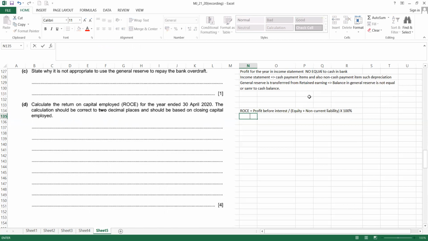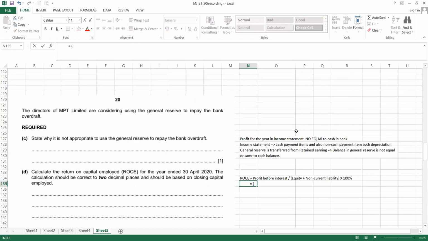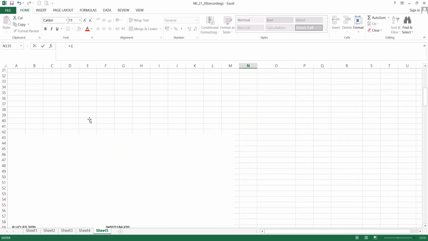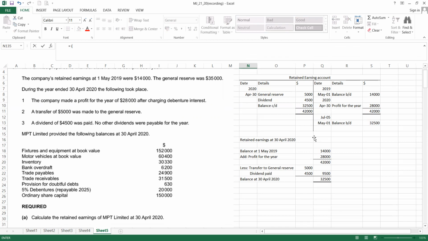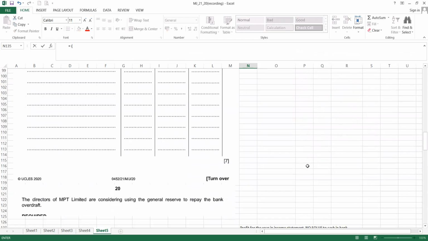Now, based on the formula, profit before interest. The question says the company made a profit for the year of 28,000 after charging the debenture interest. This is after debenture interest, so we have to change it to before interest.